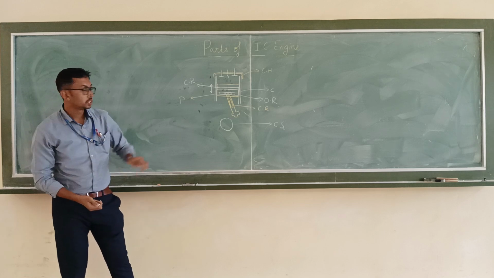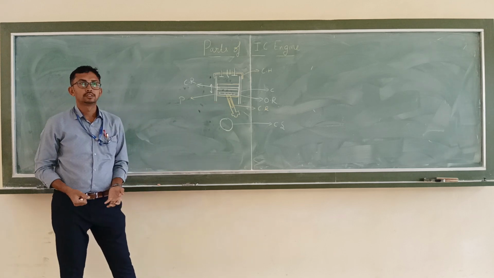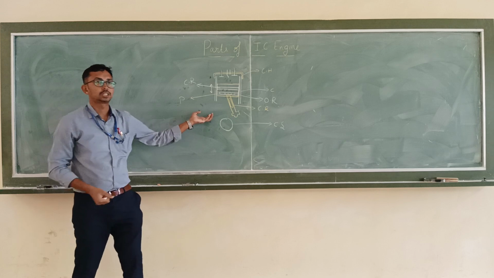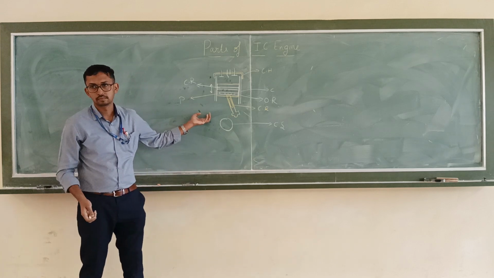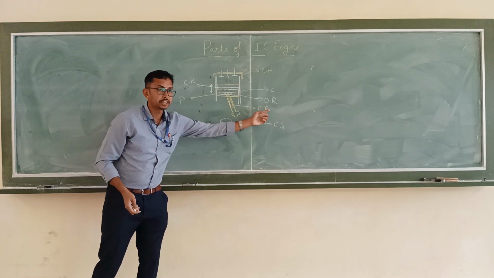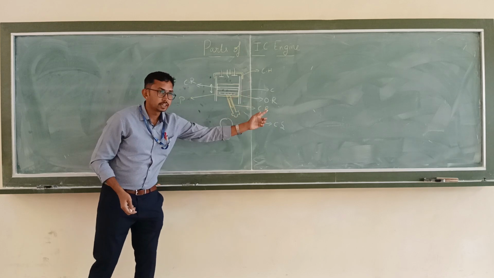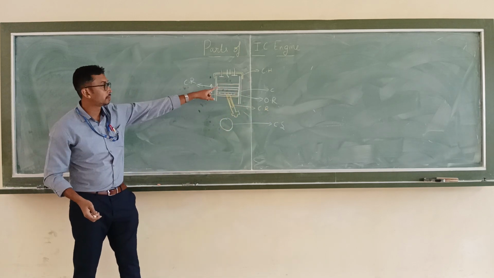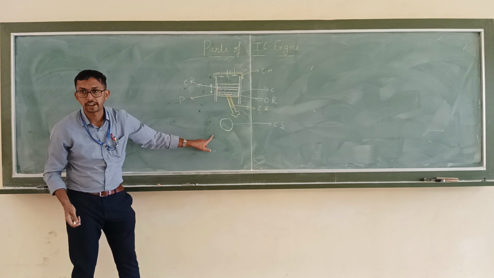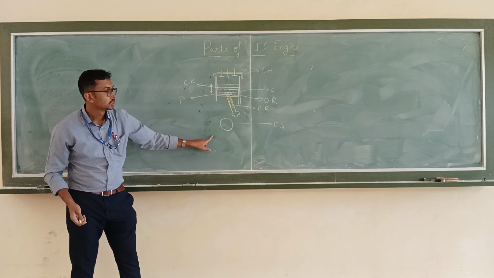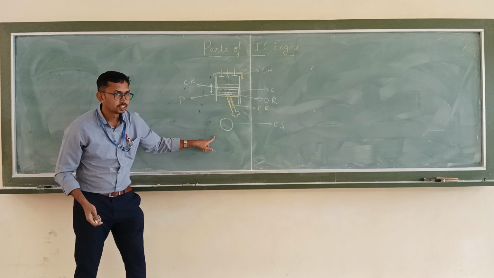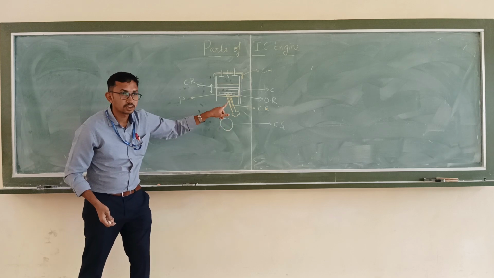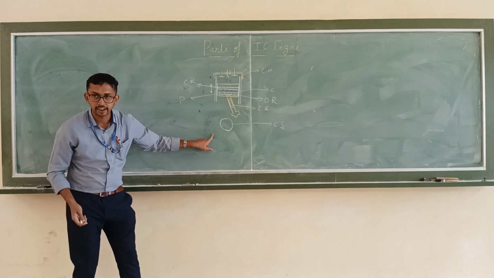Is it clear? It is a forged component, made of grey cast iron or steel alloy. This connecting rod is a link that helps transmit the power from the piston to the crankshaft. Still there is a gap between the connecting rod and the crankshaft.